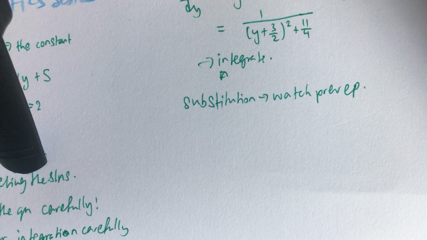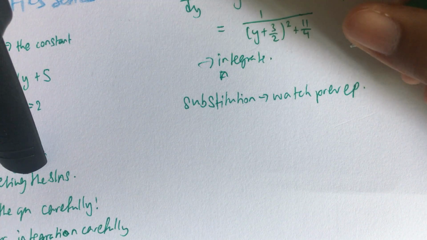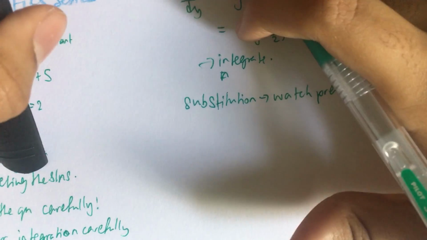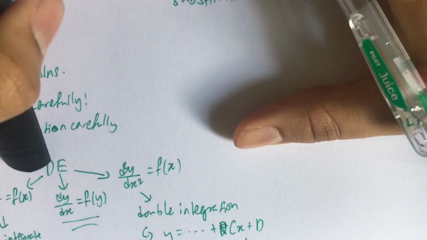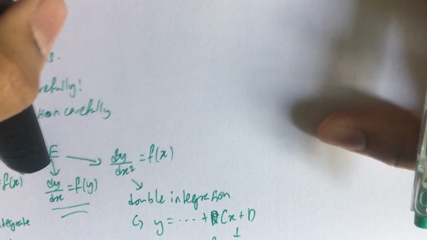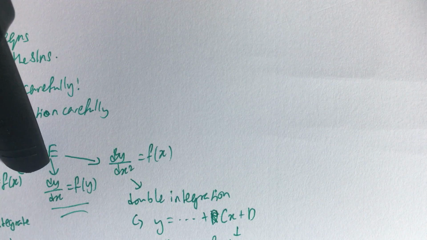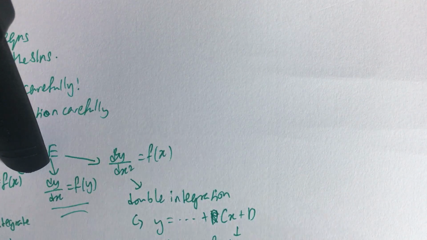Okay, so let's move on to the next part where you look at the question and you try to make a differential equation. Do I have to give an example here? Oh my gosh. Okay, fine. So let's say you have your application of differentiation.